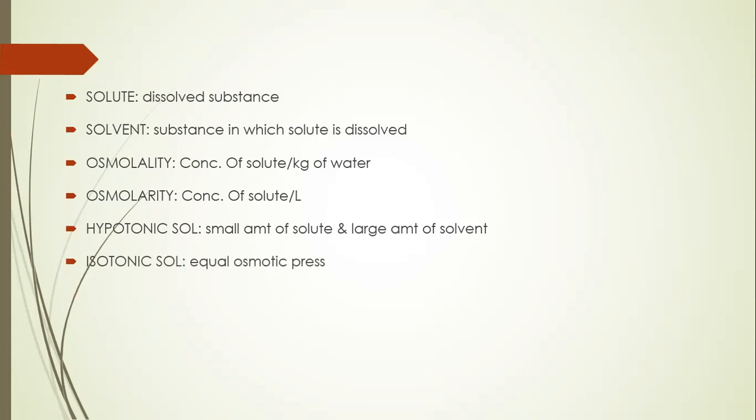Second is the isotonic solution. Here the osmotic pressure is equal, which means the amount of solute and solvent are equal in size, pressure, and number. For example, 0.9 percent sodium chloride is an isotonic solution.